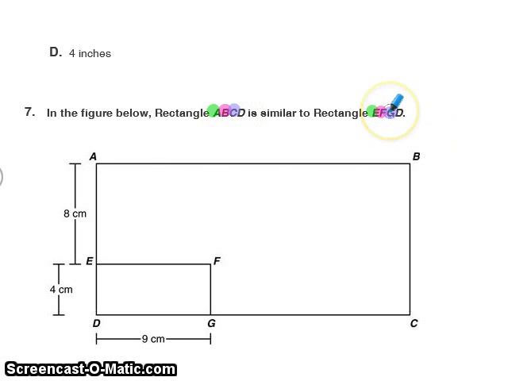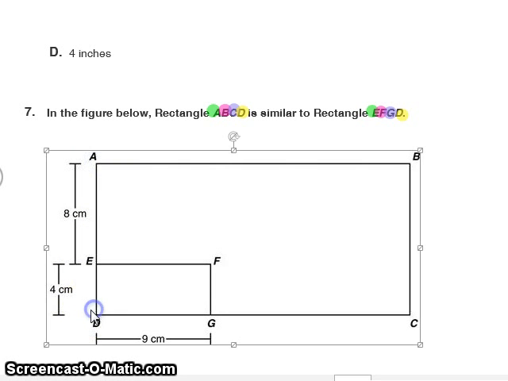C and G go together because they're in third place together. And then we've got D and D correspond because they are actually the same angle. So, what do you anticipate the problem saying? We've got from here to here is 8, and from here to here is 4. So that means from here to here is 12. From A all the way to D is 12.